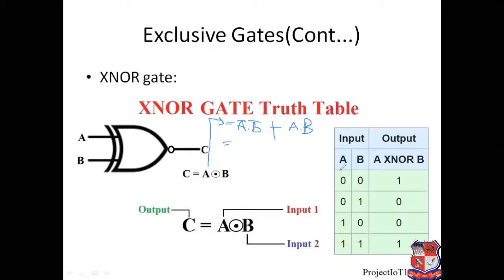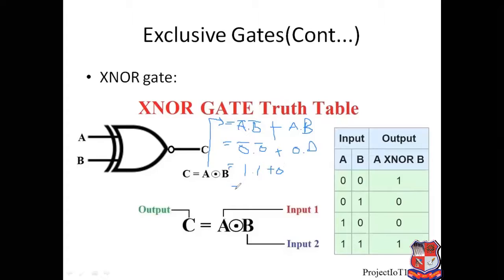So if I will put A and B as 0, 0, then here it is nothing but 0 bar dot 0 bar plus 0 into 0. So here you can see that 0 bar is nothing but 1, same 0 bar is nothing but 1, and 0 into 0 is 0.